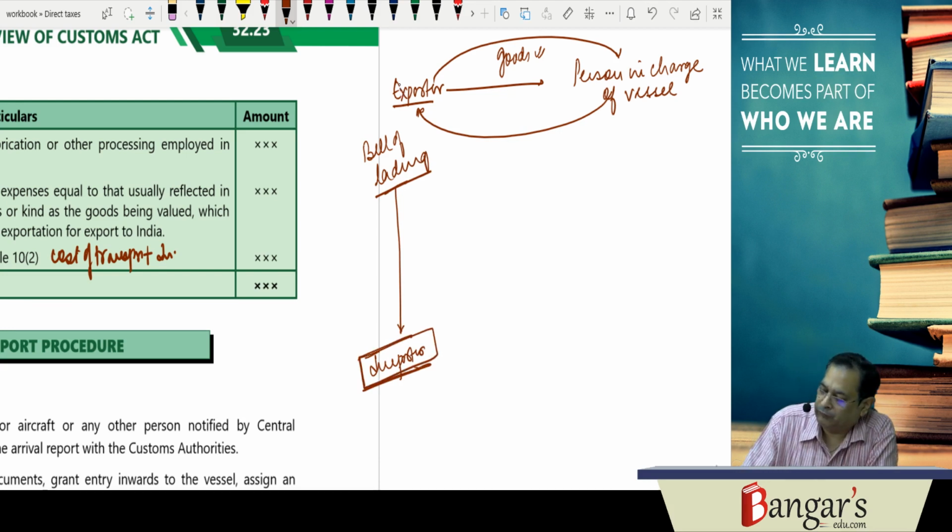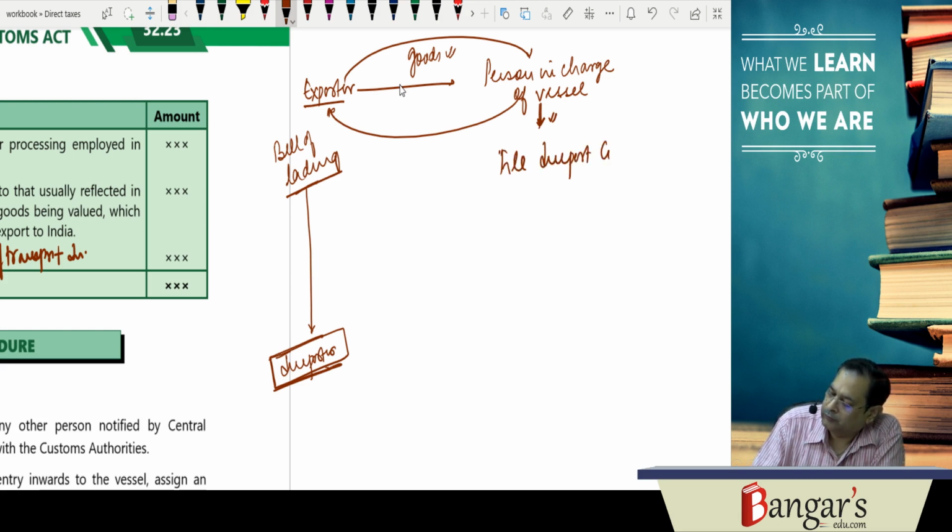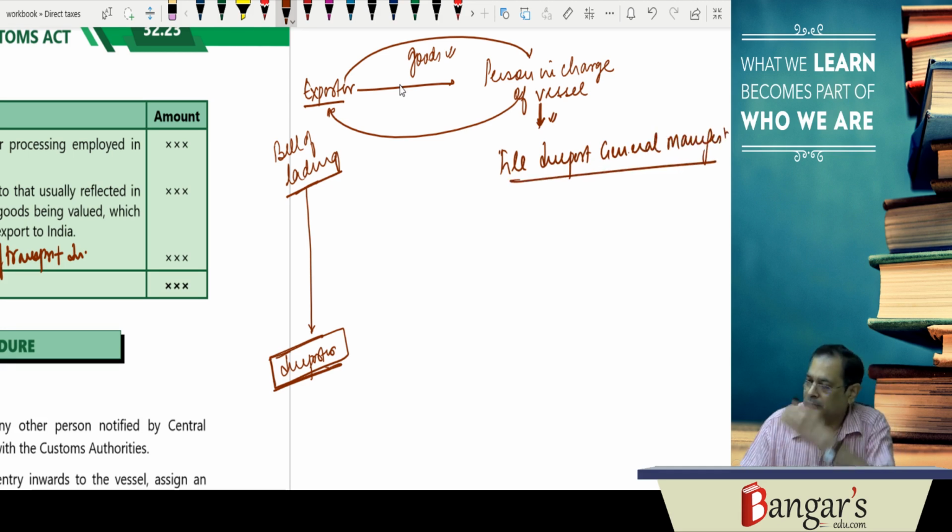Now, the person in charge of the vessel comes to India, bringing the vessel, and files the import general manifest. The same is checked by the customs department.